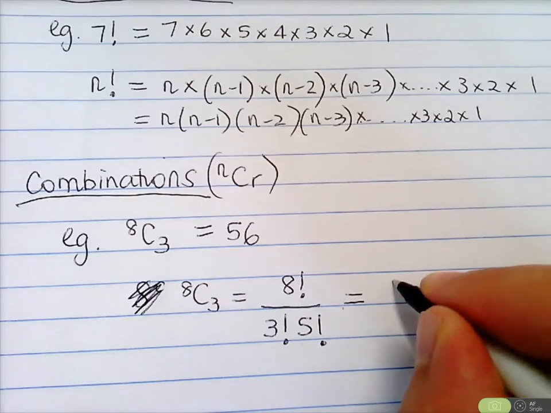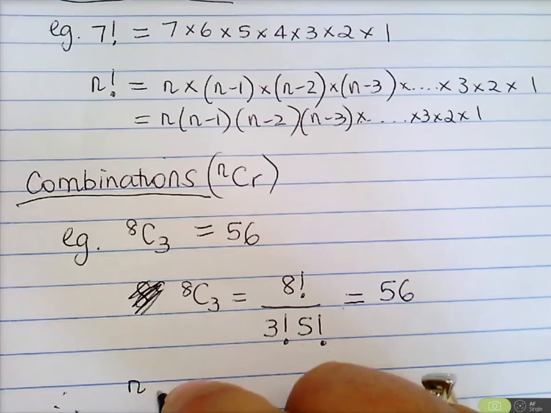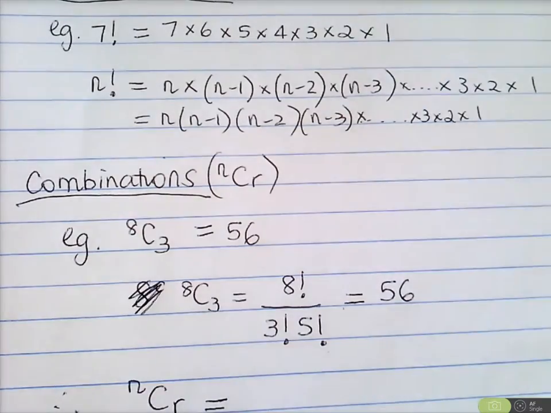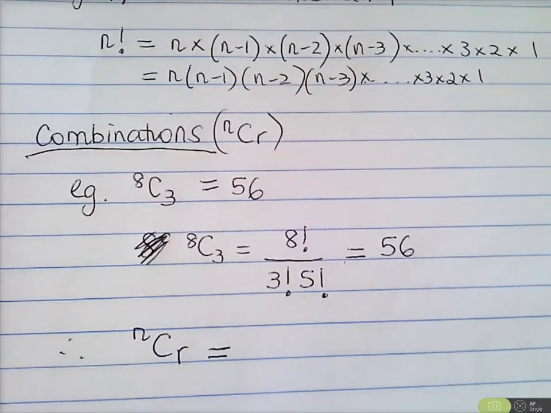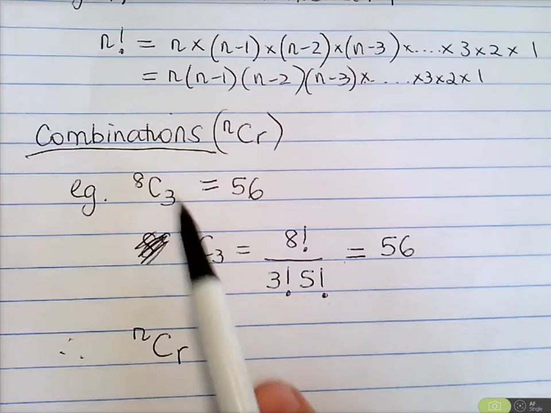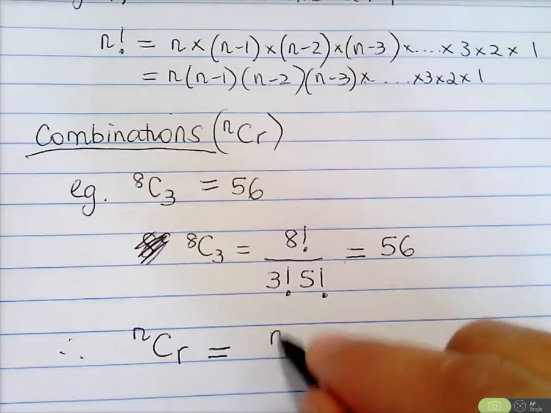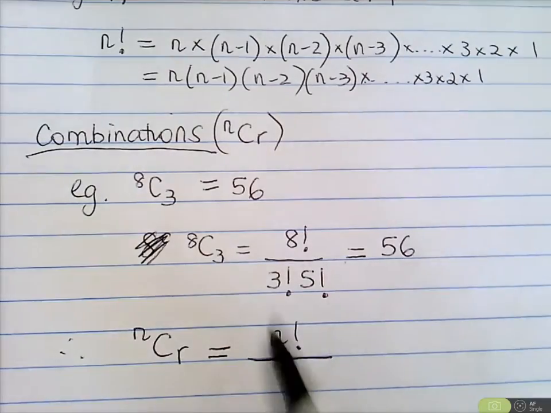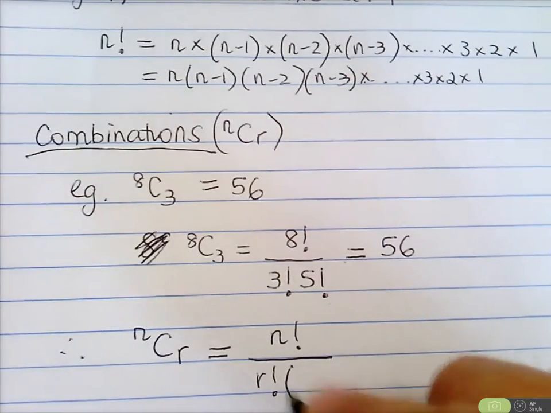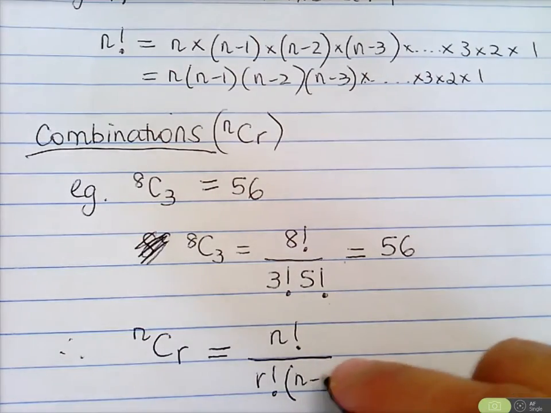And you get 56. So therefore, the general formula for n choose r, I've got n and I'm choosing r, is what? Have a look at this. We know 8 choose 3 is 56. So it's n factorial over r factorial times, how do I get the 5? n minus r factorial.